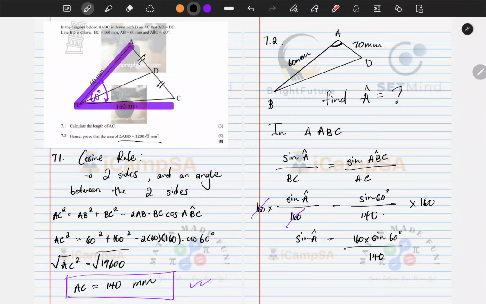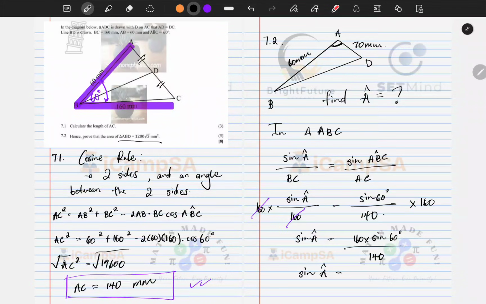For free, I can tell you this can be found using your special triangle.